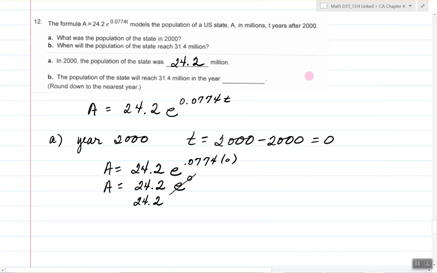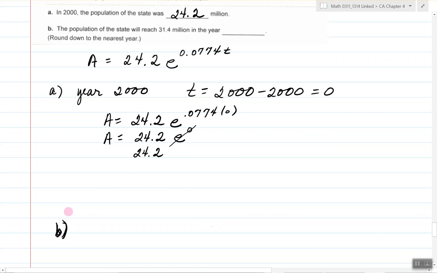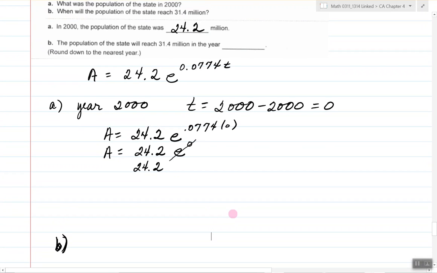All right. The next question, B. Now, there it is. It wants to know the population of the state will reach 31.4 million in the year. They're giving you A is 31.4.